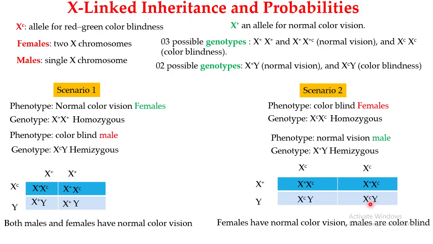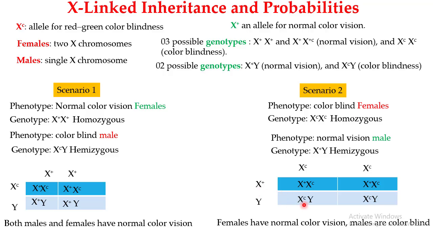If you look at this one, the females have normal color vision. Although they are carriers, they are not homozygous, they are in their heterozygous condition. But in contrast to their mother, who was color blind, the female offspring are going to be carriers, and the reason is they are getting a normal copy of the gene from their father.